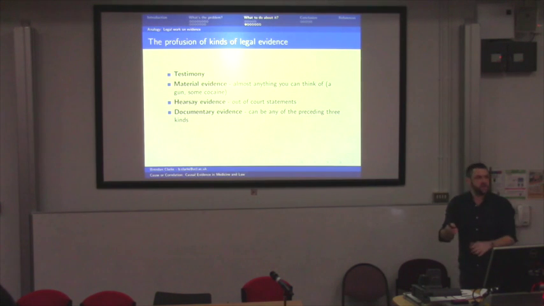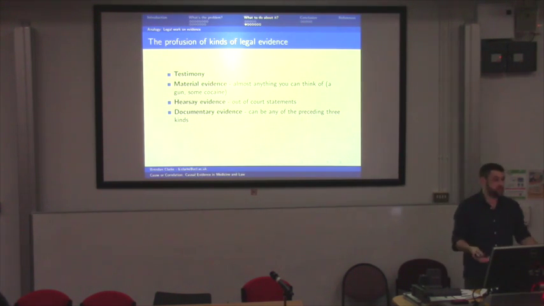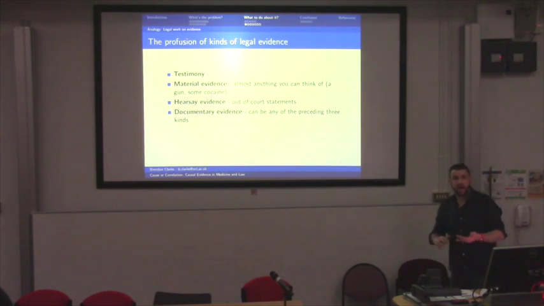But lawyers deal with this enormous and bewildering profusion of different kinds of evidence. They have all this expertise in dealing with different kinds of testimony, for example. Testimony from people who might, for one reason or another, want to lie, or might want to tell the truth, or might want to emphasise things, or might have been out of their brains on something. All kinds of different testimonies, and they seem to have ways of working with it.